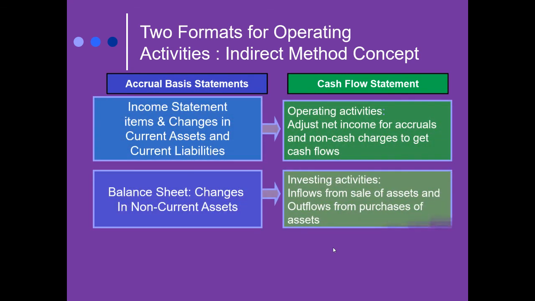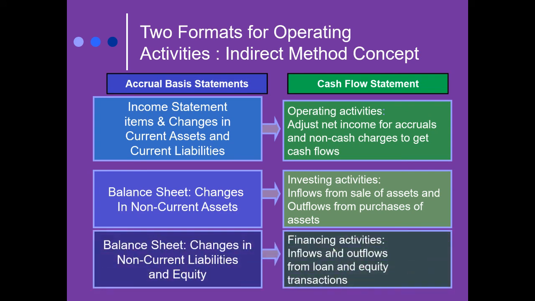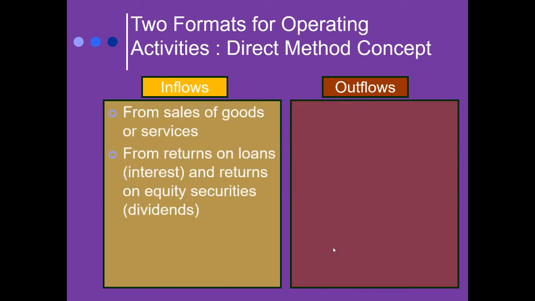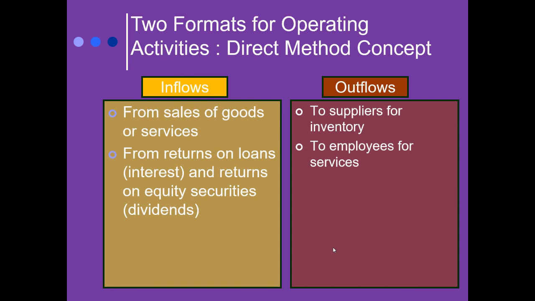So these are the basis of the conversion from accrual to cash flow statement. For the direct method, the inflows and outflows are listed as in the diagram.